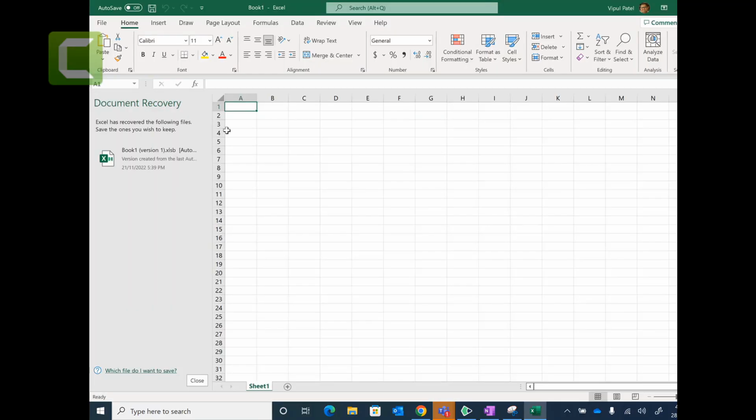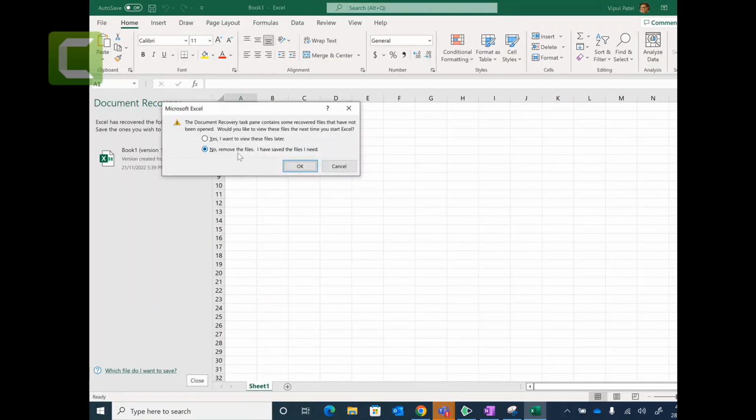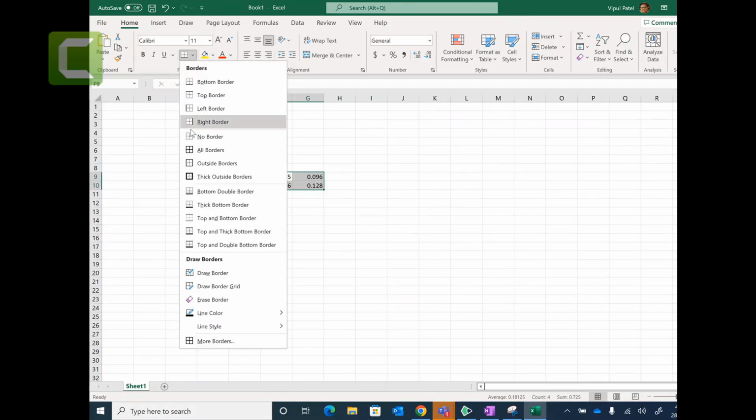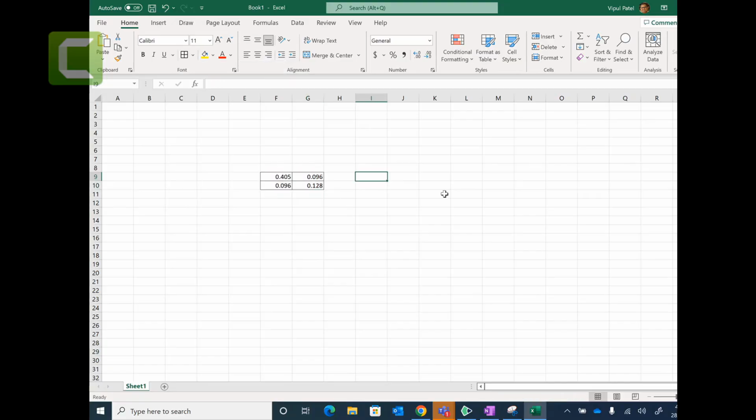Okay, so let's quickly do it on these ones. What were the values? The values were 0.405, and then you have 0.096, and 0.096, and 0.128. Right, so that was our matrix, and we want to find the inverse of this matrix.